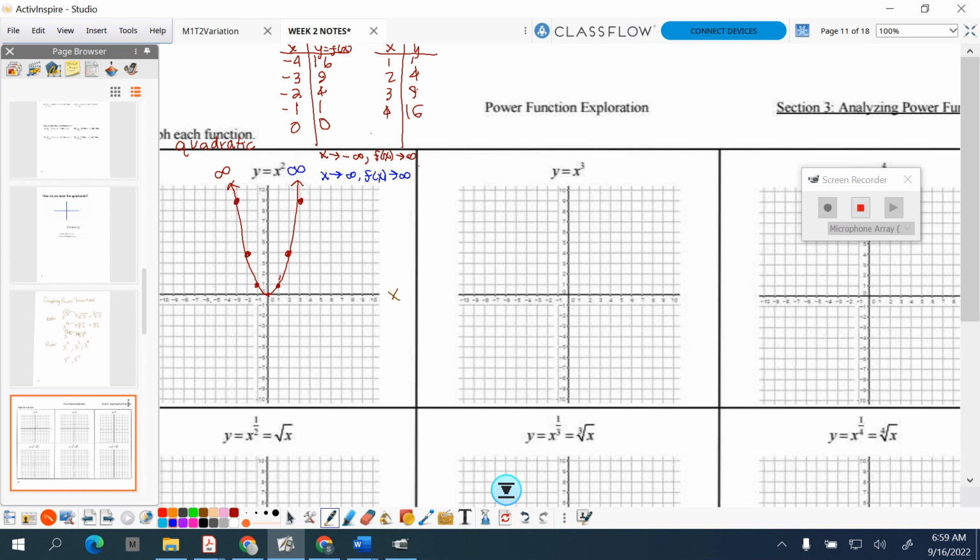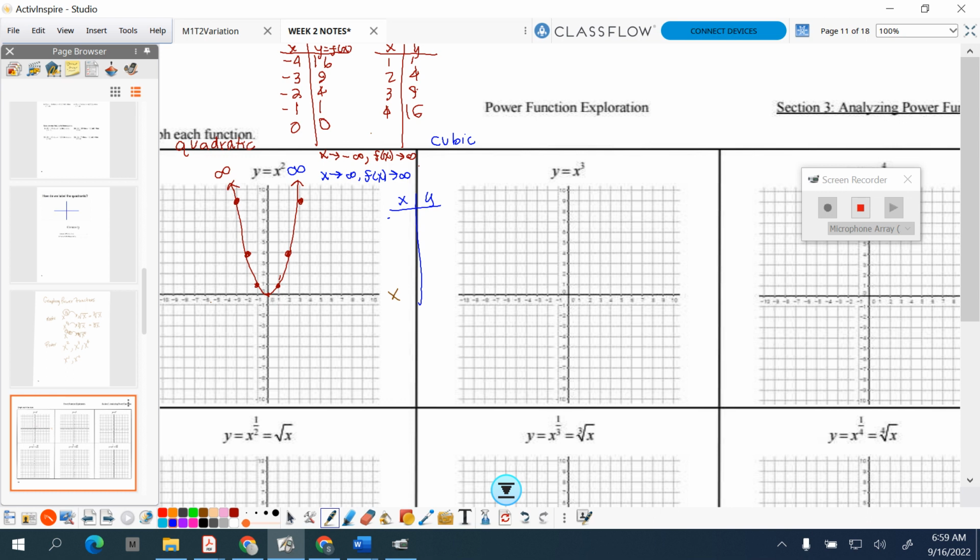Well, what about when we get to a cubic function? So this is a cubic function. This is a cubic. I'm going to create my little tables here. So I have x, I have y. I'm going to go cubic.